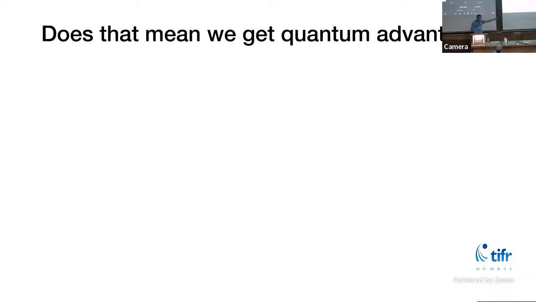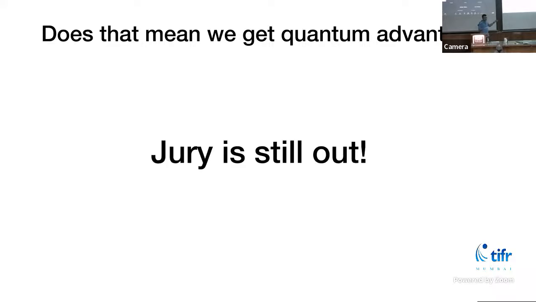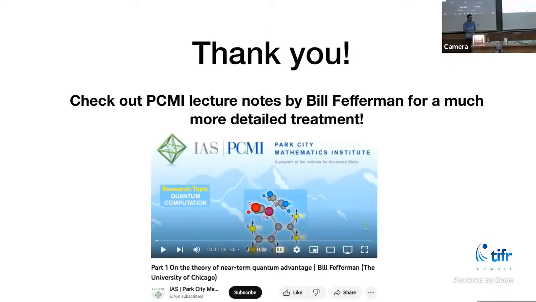Does that mean we get a quantum speedup? Well, no, the jury is still out, just because the hardness proofs break as well. We need new ways to prove hardness for these tasks. And thank you, that's my talk. For a more comprehensive survey, please look at Bill Pfefferman's PCMI lecture notes on the same topic.